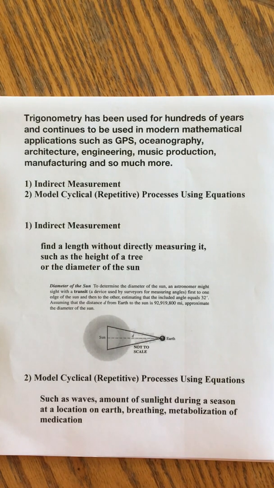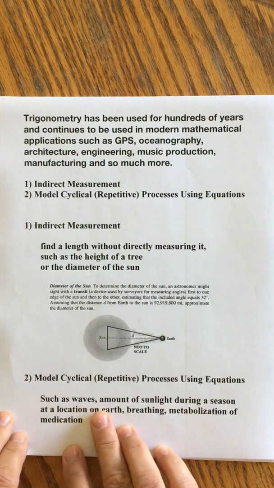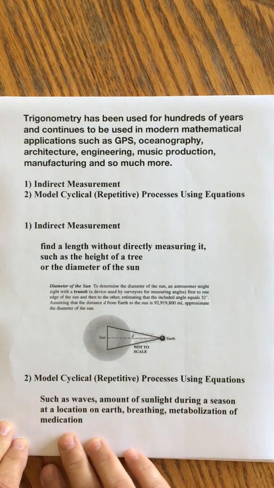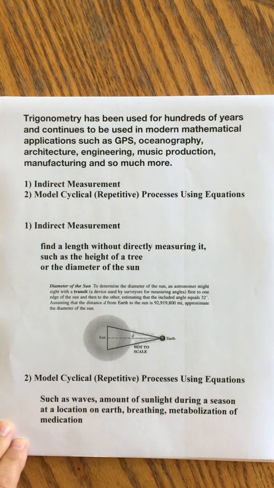And then, through equations, to model things that are cyclical and repetitive, that happen over and over and over again. So we'll come back to that. But things like that, obviously waves, sunlight during a season at a particular location on the earth, even the volume of breath in your lungs, how you metabolize a medication, and so forth.